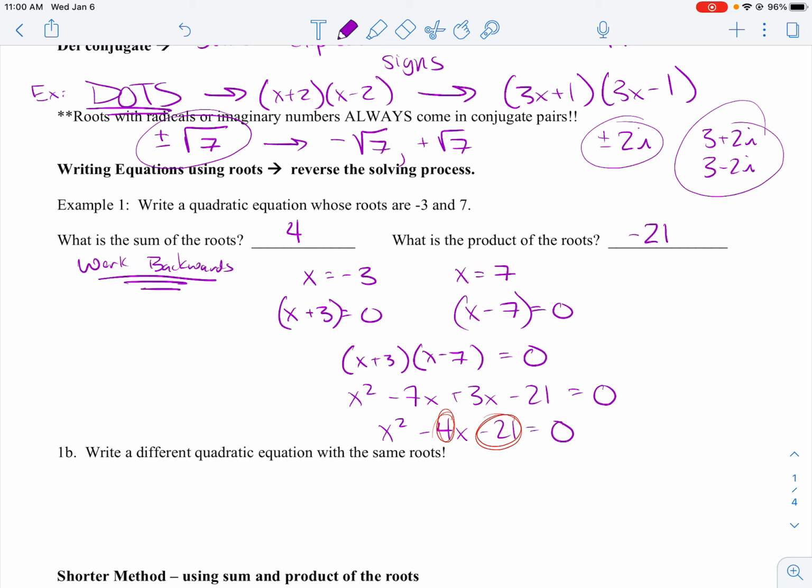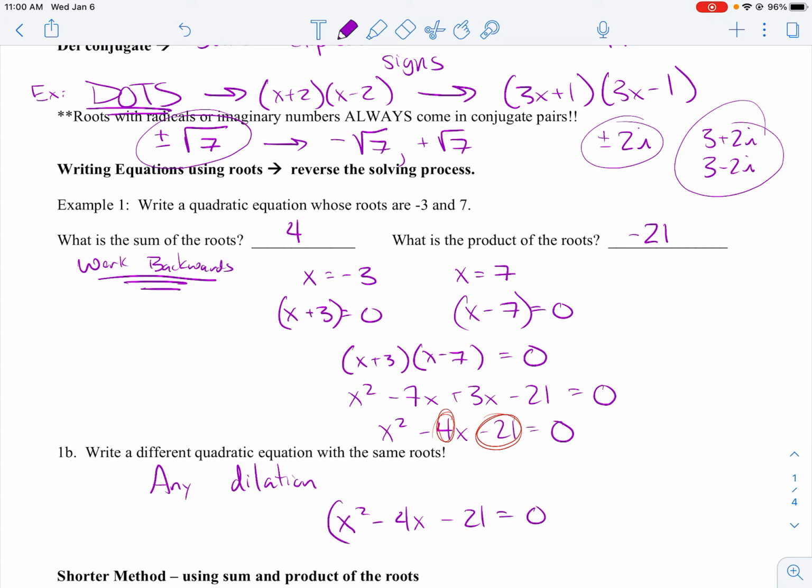The next problem says write a different quadratic equation with the same roots. You're like, well, what the heck does that mean? Well, that's just any dilation. What do I mean by dilation? Dilations either increase the size of something or reduce the size of something. I don't feel like multiplying by fractions, I don't want to reduce it, so I'm just going to multiply this equation by any number I feel like.